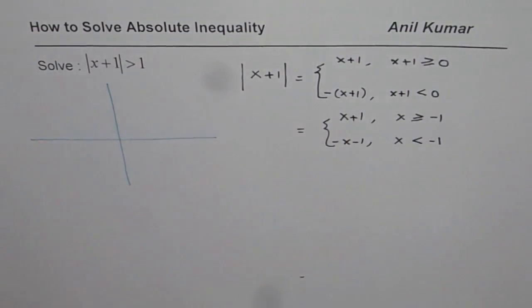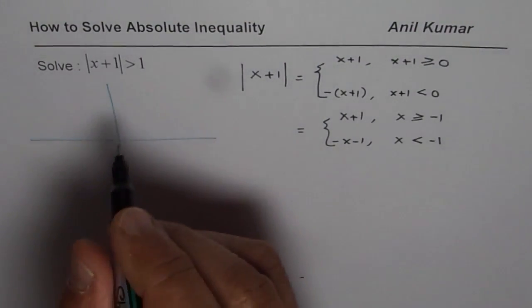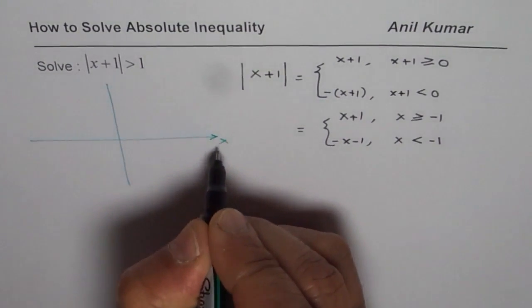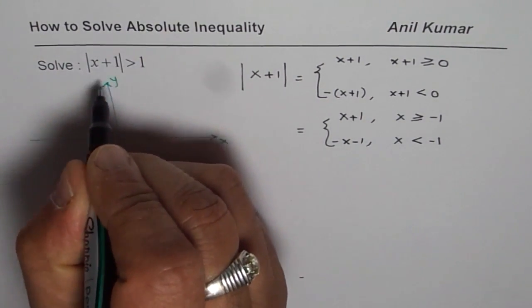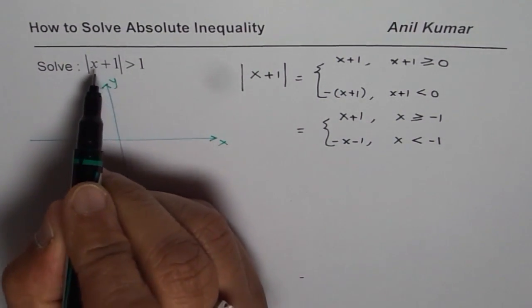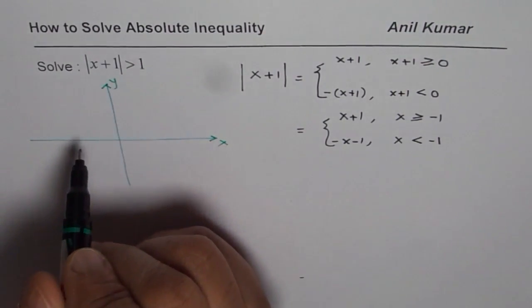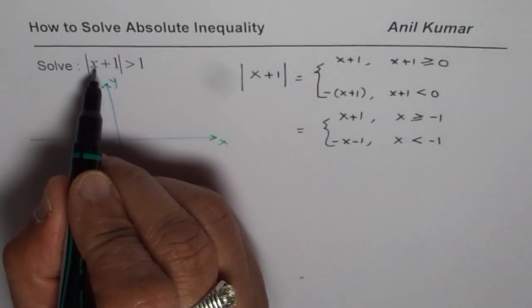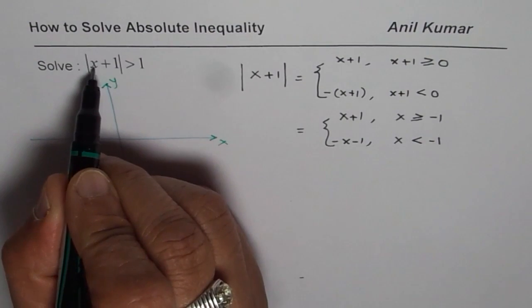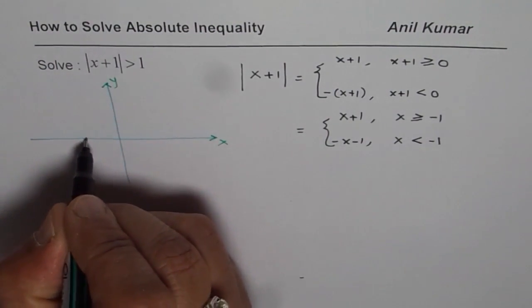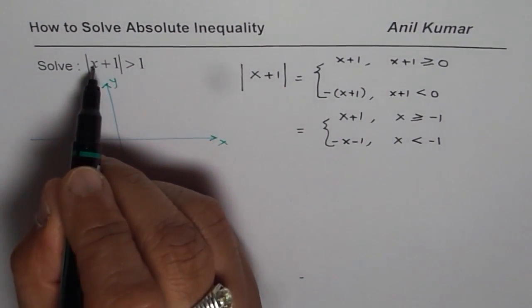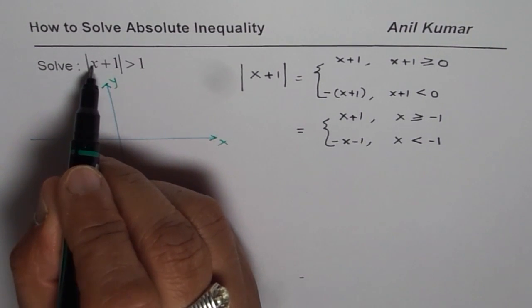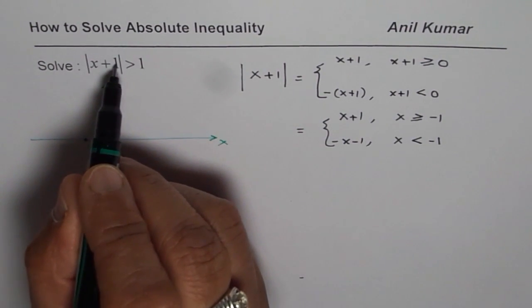So let us say that is our x and y coordinates, x-axis along the horizontal, y along the vertical. Absolute value of x plus 1 is going to give us a 0 when x is equal to minus 1. When x is 0, in that case the value is going to be 1, right?